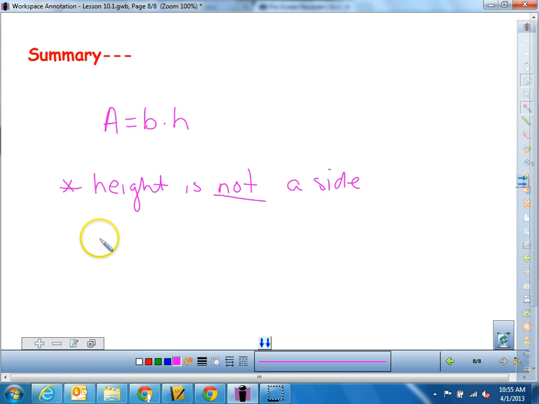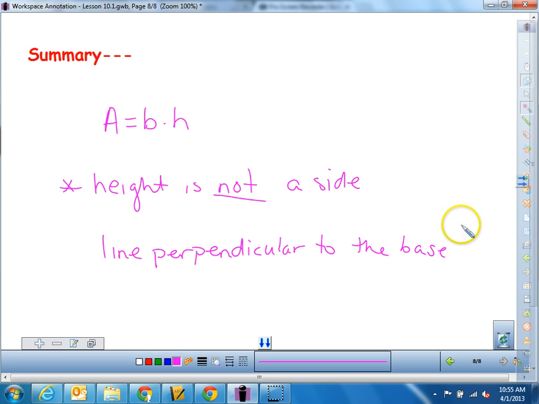It is a line. Perpendicular was our word. Perpendicular to the base from, this is getting kind of wordy, but from the opposite side.